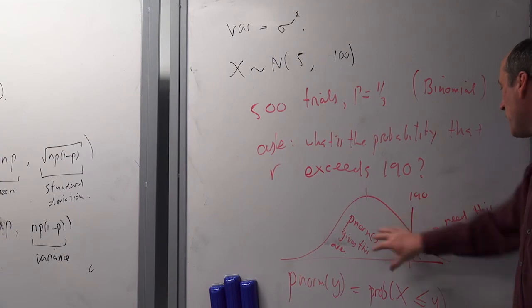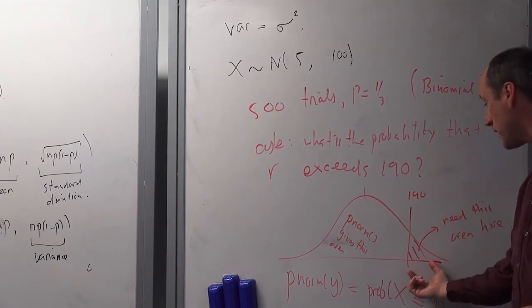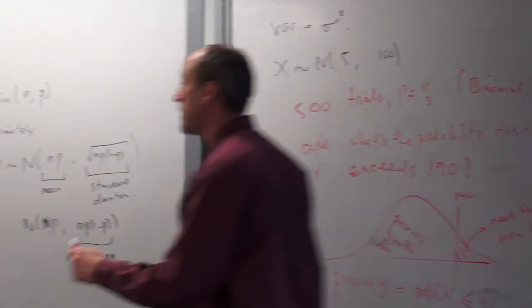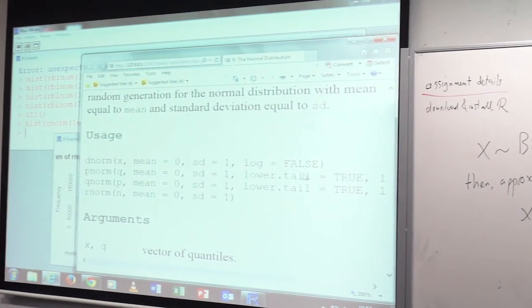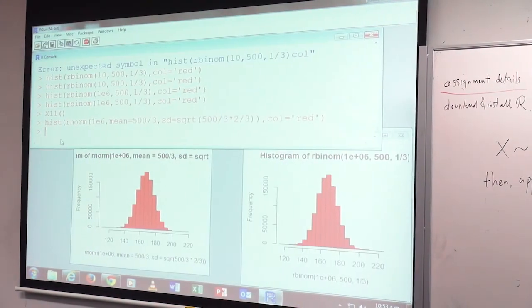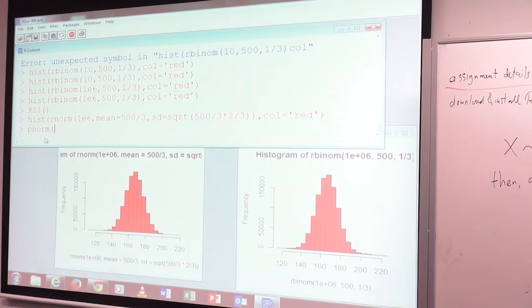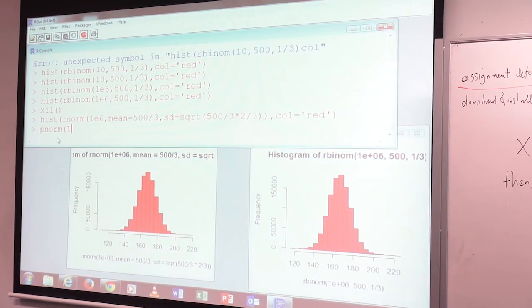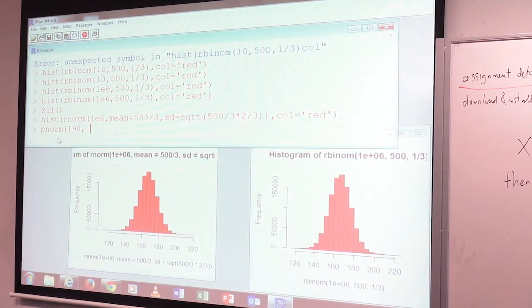Okay, so pnorm 190 gives the area to the left. So to calculate what I want, which is the area to the right, I need 1 minus that. And we can do that dead easily now. 190, because I want the area to the right of 190.